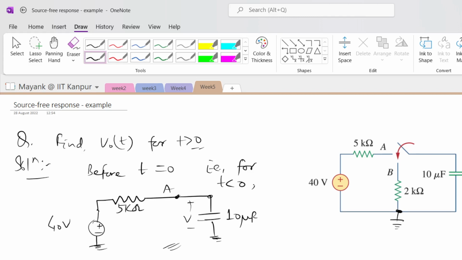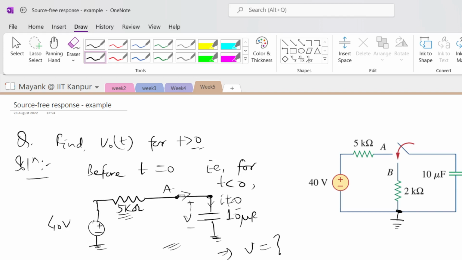So what is the voltage in that case at this point? Basically I am trying to ask V is equal to what? You remember that in DC steady state no current can flow across the capacitor, right? The current flowing through the capacitor is 0. Since in this branch the current is 0, there can be no voltage drop across this 5 kilo ohm resistance.